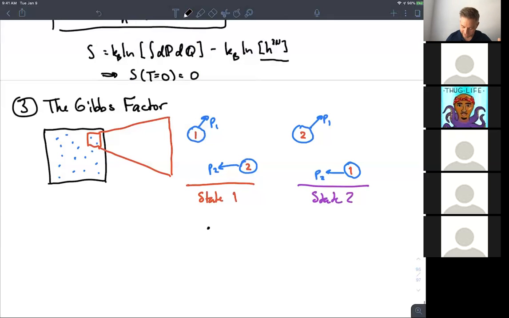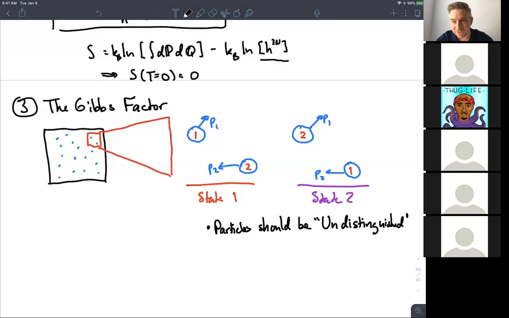So in classical mechanics, this is what's referred to as insisting that the particles be undistinguished. So the particles should be undistinguished. Okay, so now notice that this is a different word than indistinguishable. Indistinguishable means that you can't even tell them apart in principle.